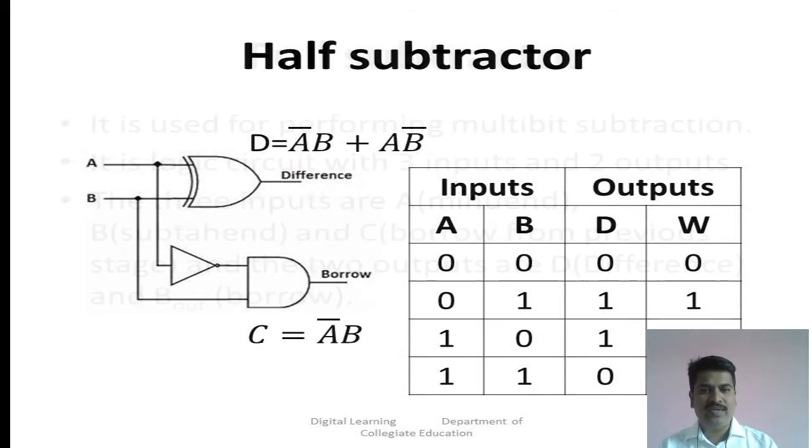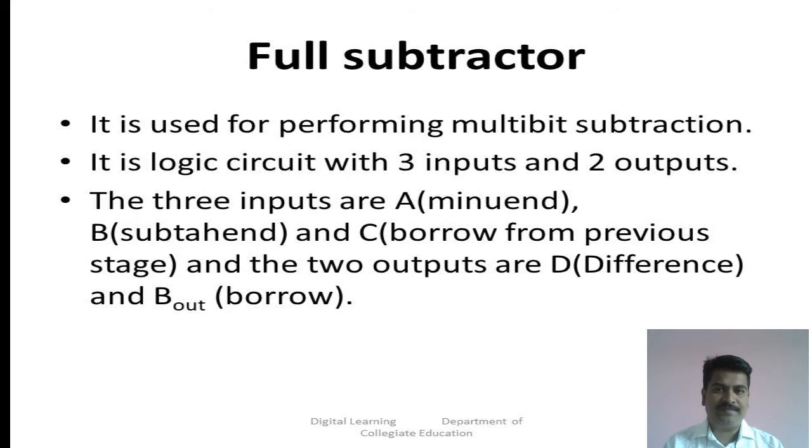Okay, we move on to the full subtractor because this half subtractor will only do the subtraction of two bits at a time, but sometimes we require the subtraction of three bits. So in which case do we require the subtraction of three bits? Of course, in doing the subtraction of binary numbers, we come across a situation where we have to take the borrow from the previous stage.